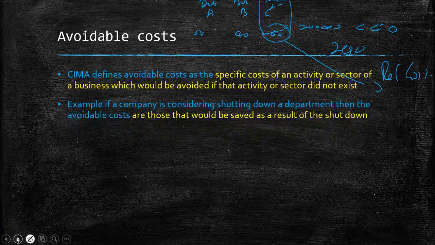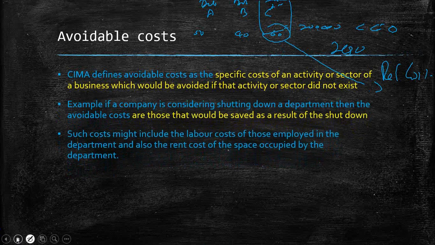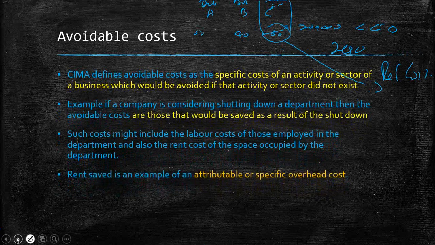Whether you have the Indian operation or not, you have to have the Dubai head office, and that rent you can't save. But the Indian operation specifically, you can save, and that's avoidable. So labor cost, like the finance division staff, or the rent of the Indian office, can be saved, and those become relevant costs.